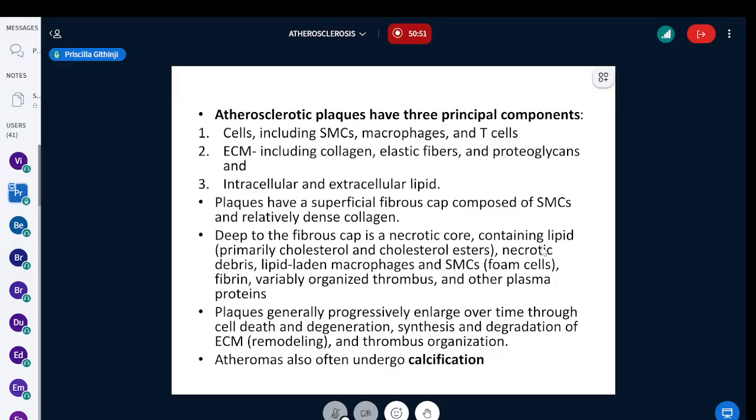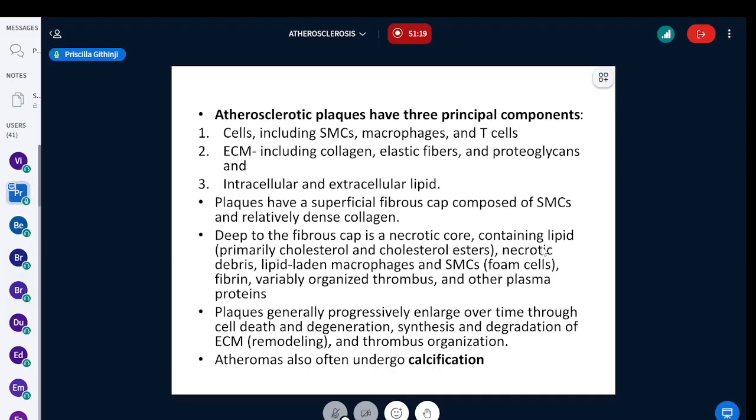And then you'll have intracellular and extracellular lipids. Intracellular is the lipid in the foam cells, what has been engulfed by your macrophages and your smooth muscle cells. But you'll also have extracellular lipid because we've said you have endothelial dysfunction and increased permeability, and therefore you still have leakage of these lipids into the intima.